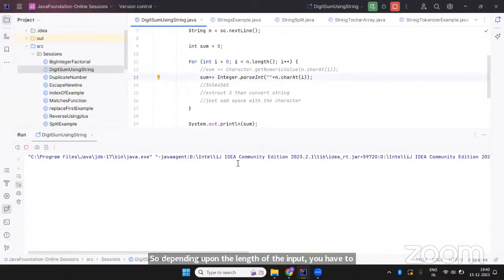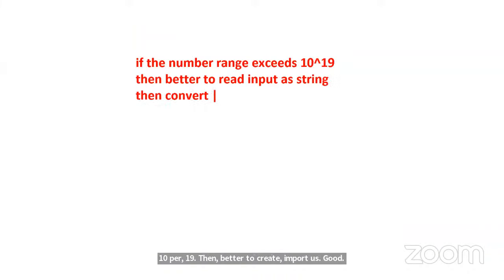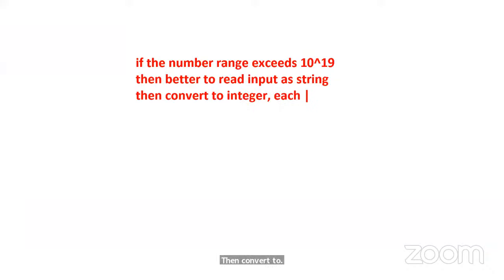In simple terms, if the number range exceeds 10 power 19, then better to read input as string, then convert each character to integer. Otherwise, you can use big integer also.